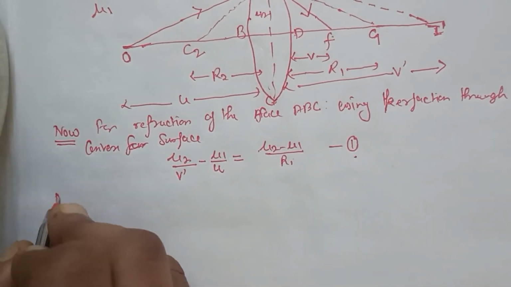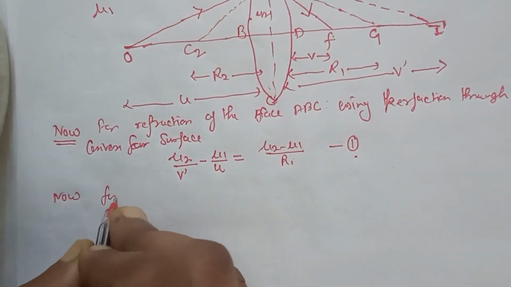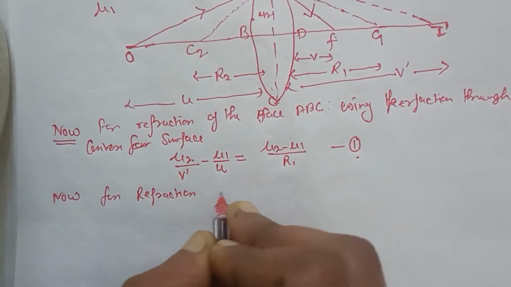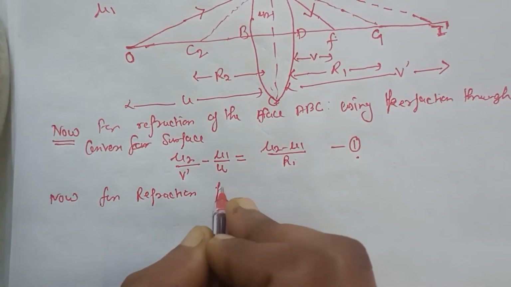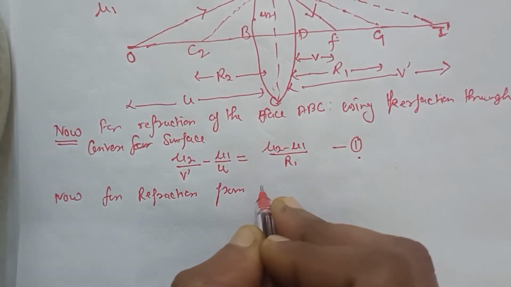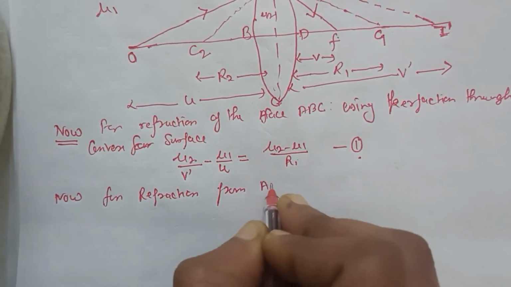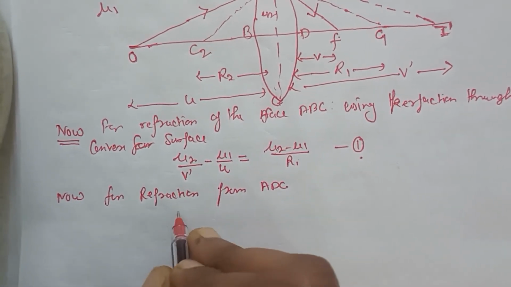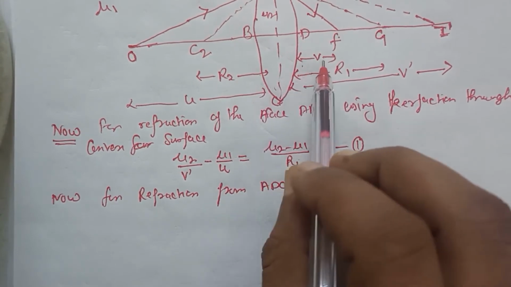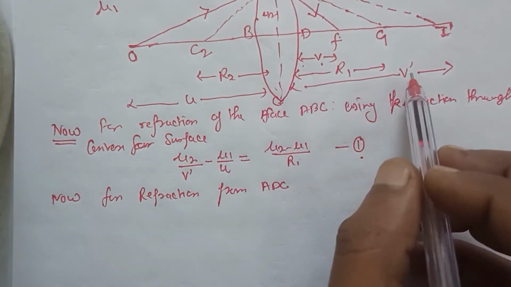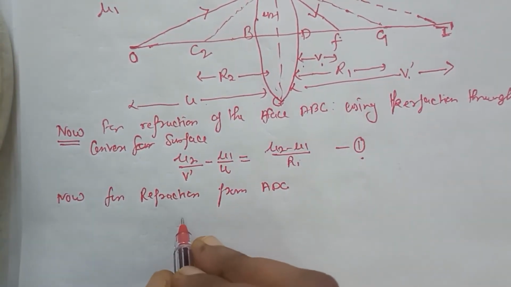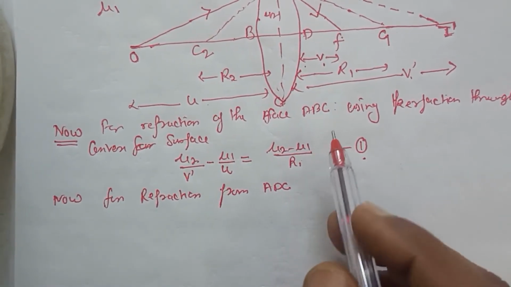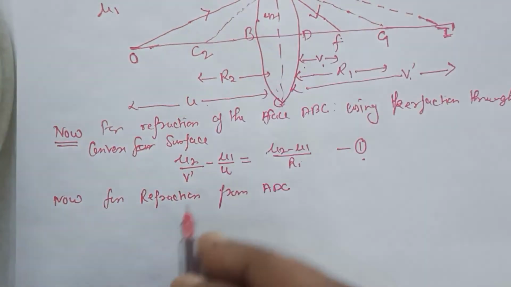And now for refraction from the face A, D, C, the object distance is V dash, the image distance is V, and the object is placed in refractive index mu2.